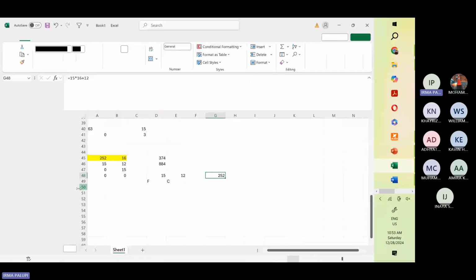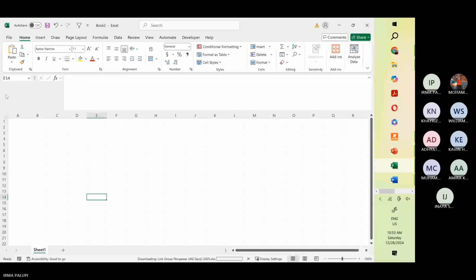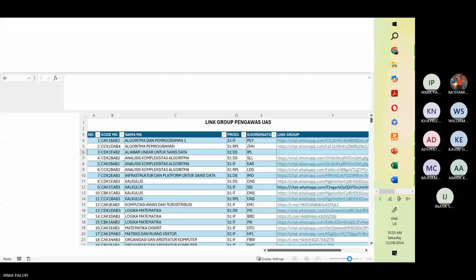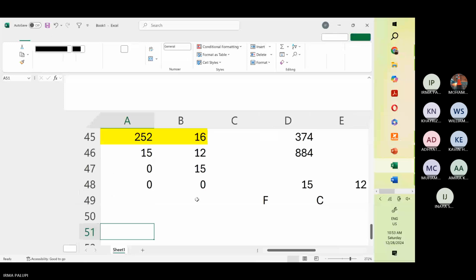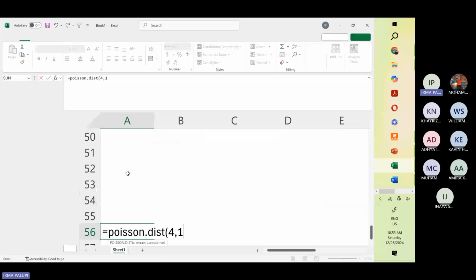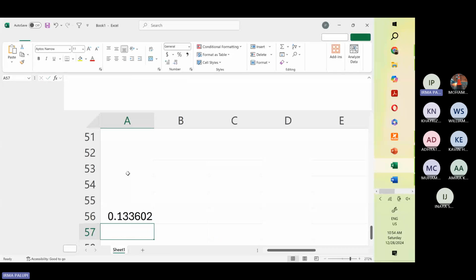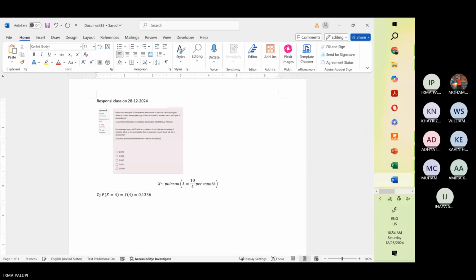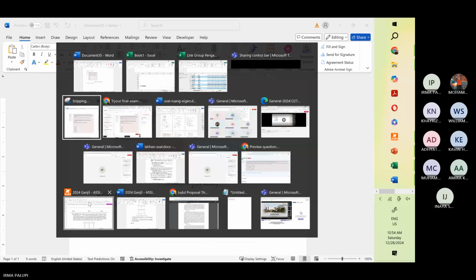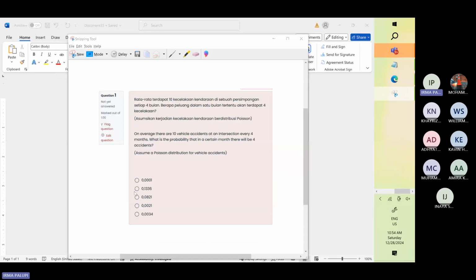So we have Poisson distribution of X is 4, with lambda 10 over 4, comma, cumulative false, the probability at the point. 0.1336. So this is the answer, right?